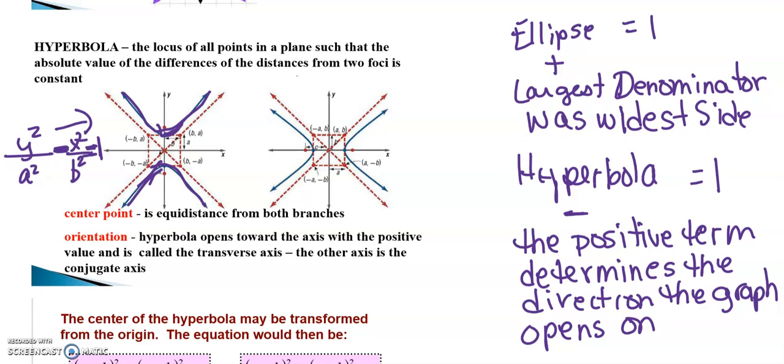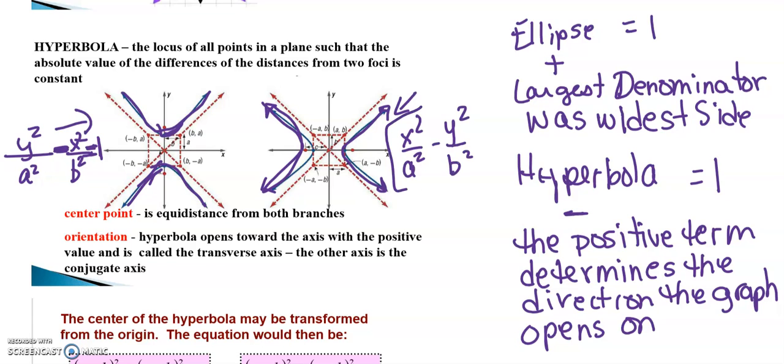So if you look at the second example, you notice that my hyperbola is opening along the x-axis, okay? So that means the x term was first and the y term was the negative. So this would be the positive term, and the negative is on the negative term. All right, so we do have a center.